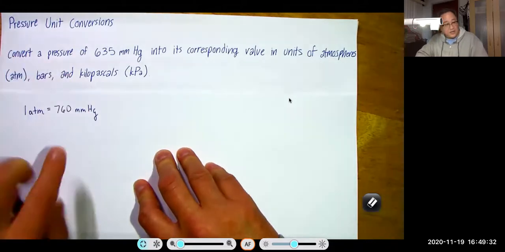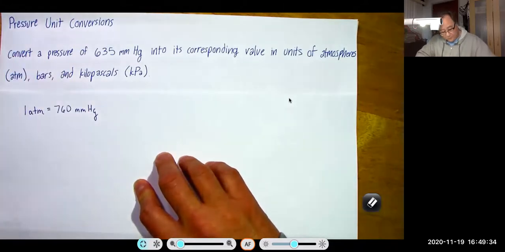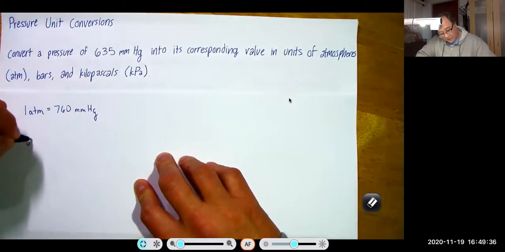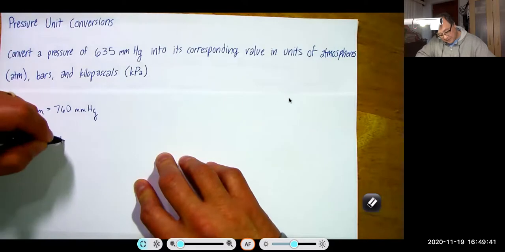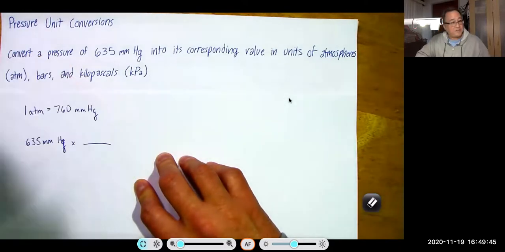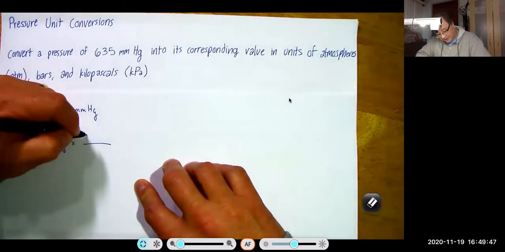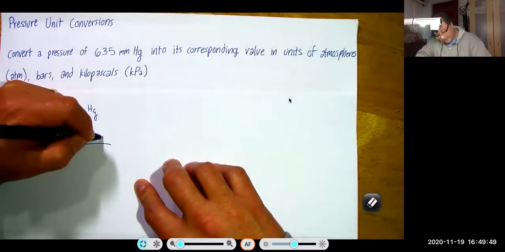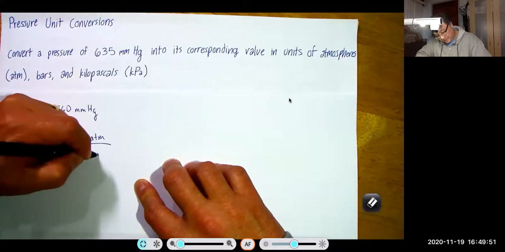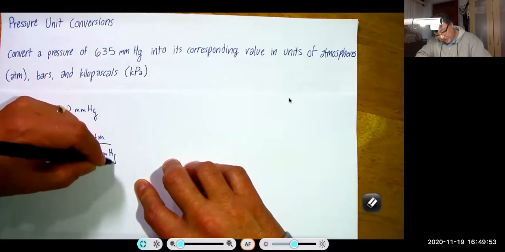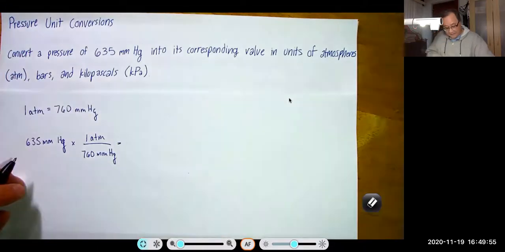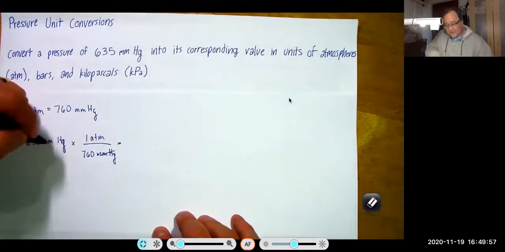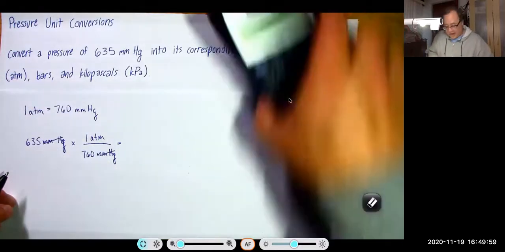So that's our equality. We're going to start off with 635 millimeters of mercury, and we're going to multiply by 1 atmosphere over 760. You can see that the answer is going to come back in atmospheres, and it'll be a little bit less than 1 atmosphere.